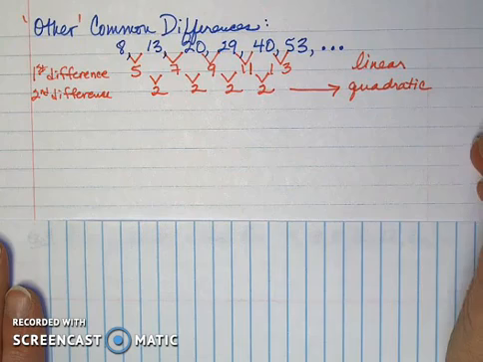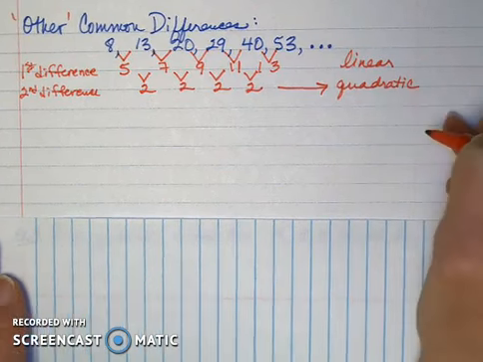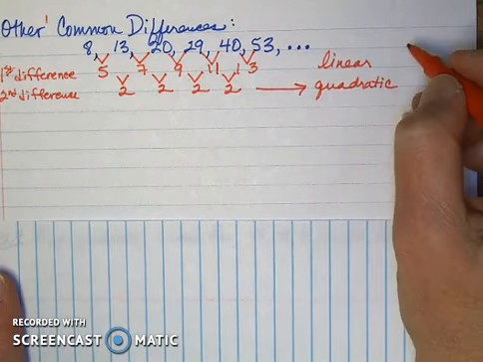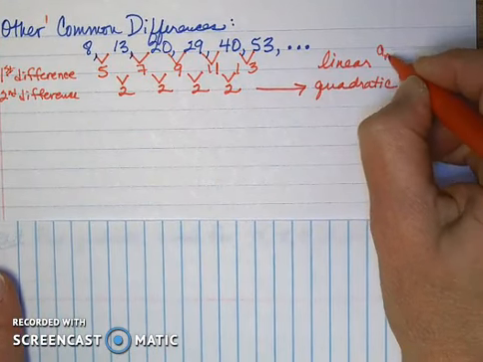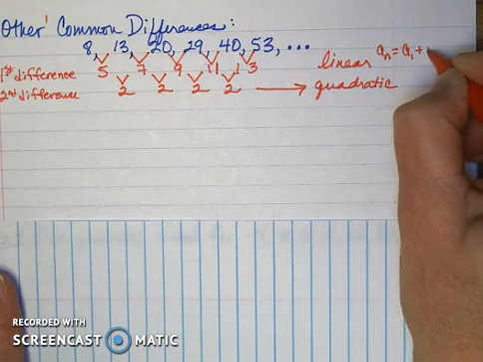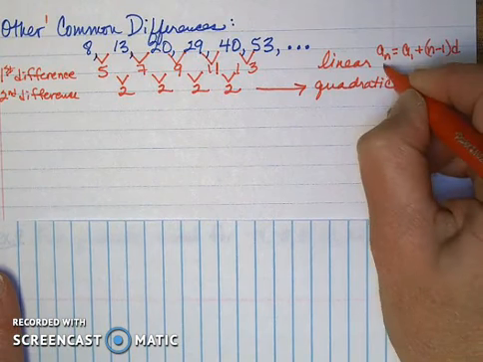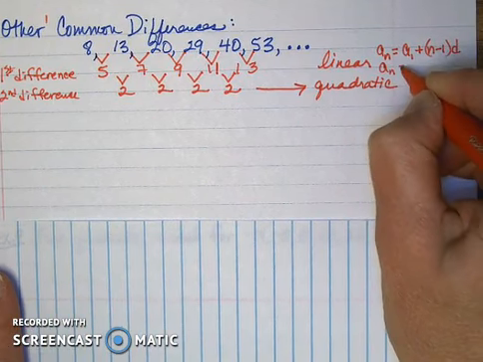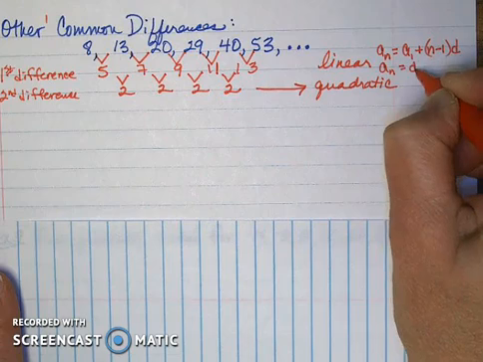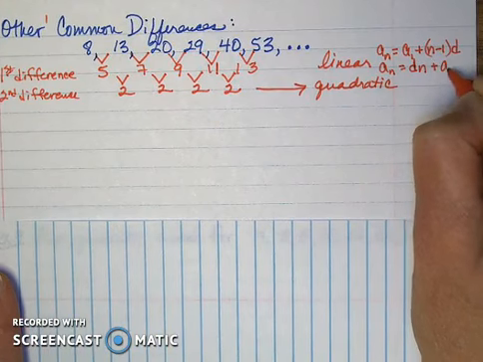And so if you have a linear equation, I'm going to go ahead and write down some of those functions. We determined that a sub n is a sub 1 plus n minus 1 times d. You can also write that, and you'll see that a sub n is the difference times n, and we ended up simplifying one of those equations to get that, plus the constant, the first term.